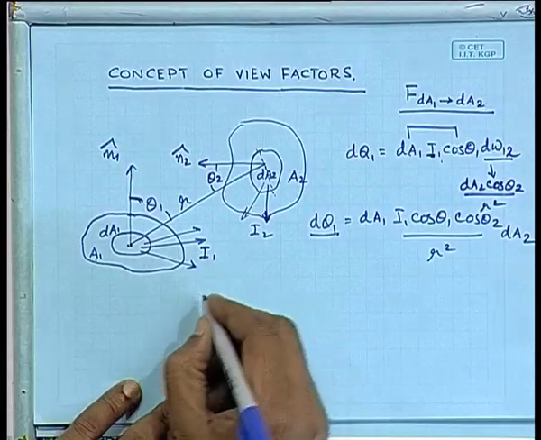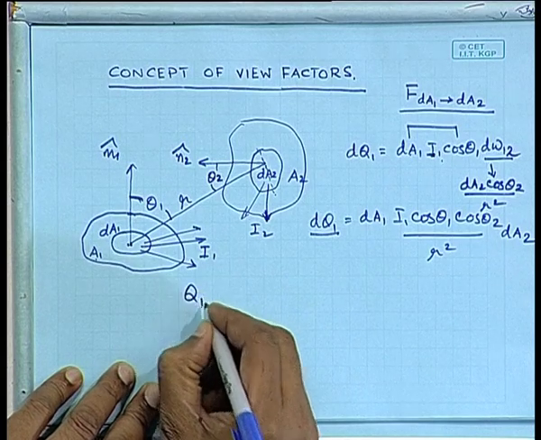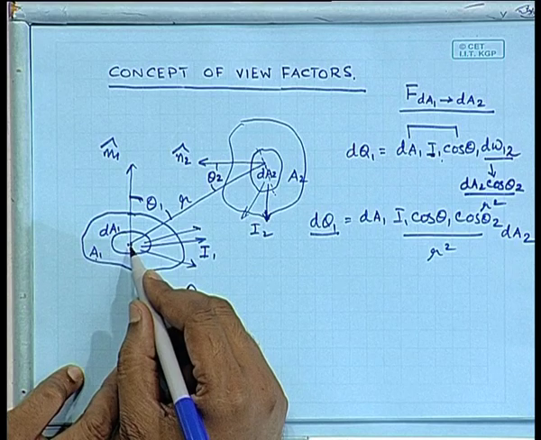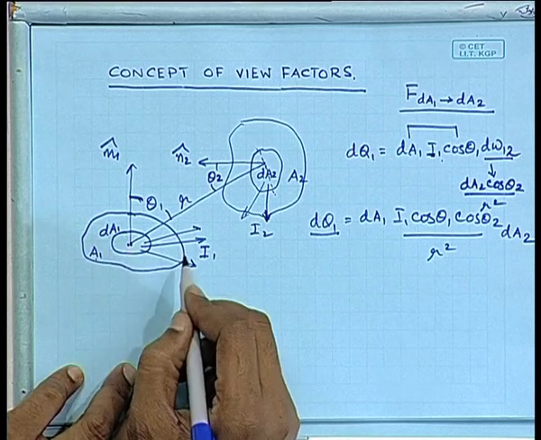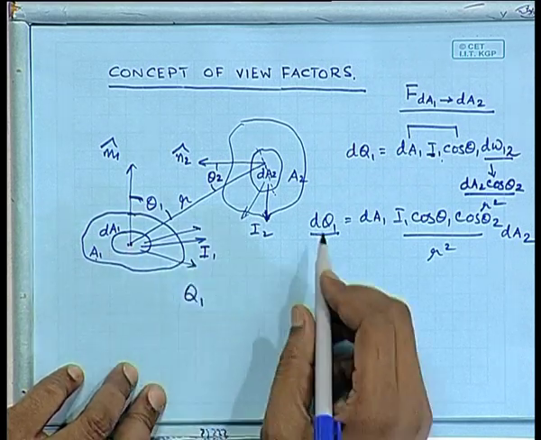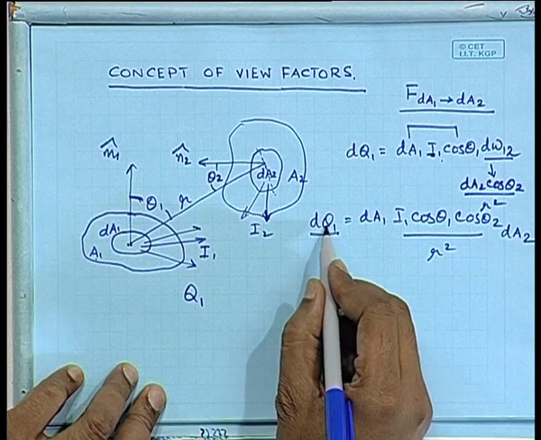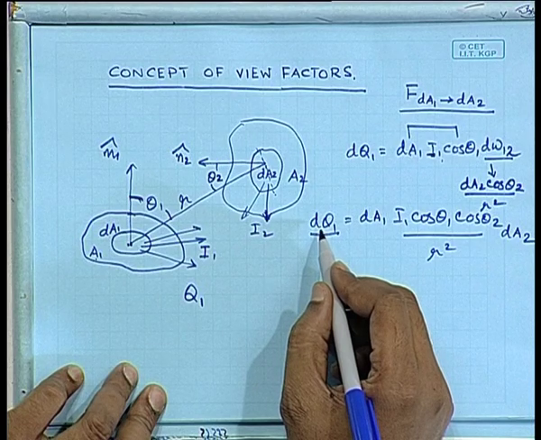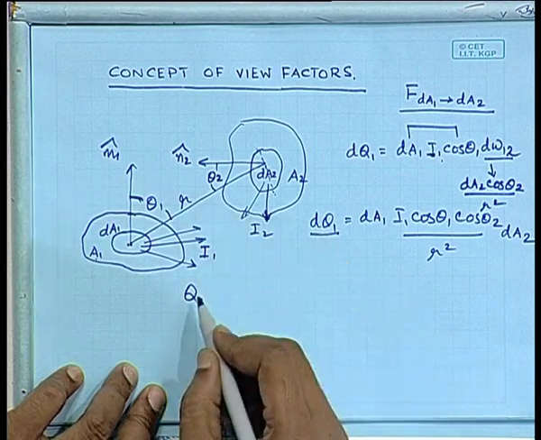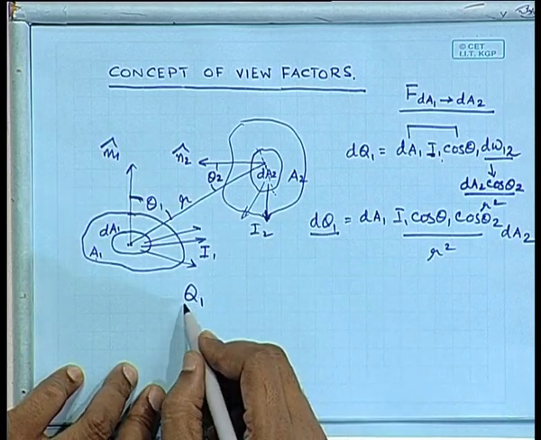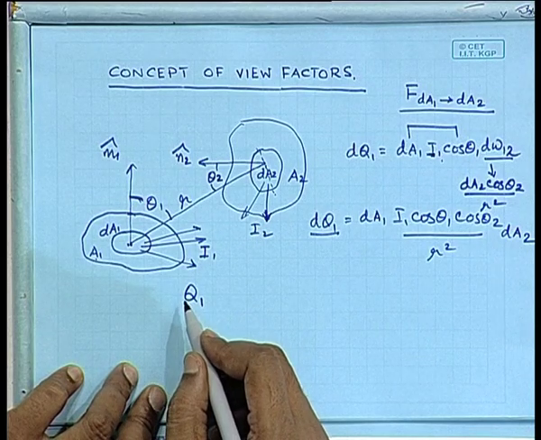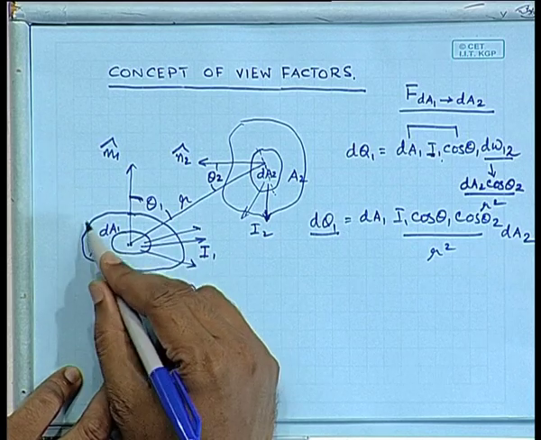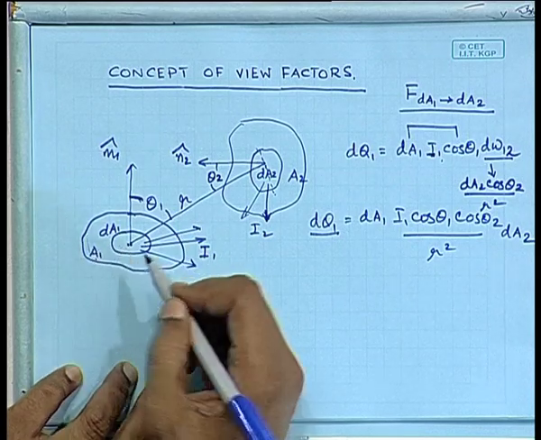So, now I would like to find out what is going to be the total amount of energy Q1 emitted by surface dA1 into a hemispherical space, because as I know my view factor would simply be equal to dQ1 by Q1. dQ1 is the amount of energy which strikes dA2, and I would like to find out what Q1 is, that is the total amount of radiative energy going into the hypothetical hemispherical space around dA1.